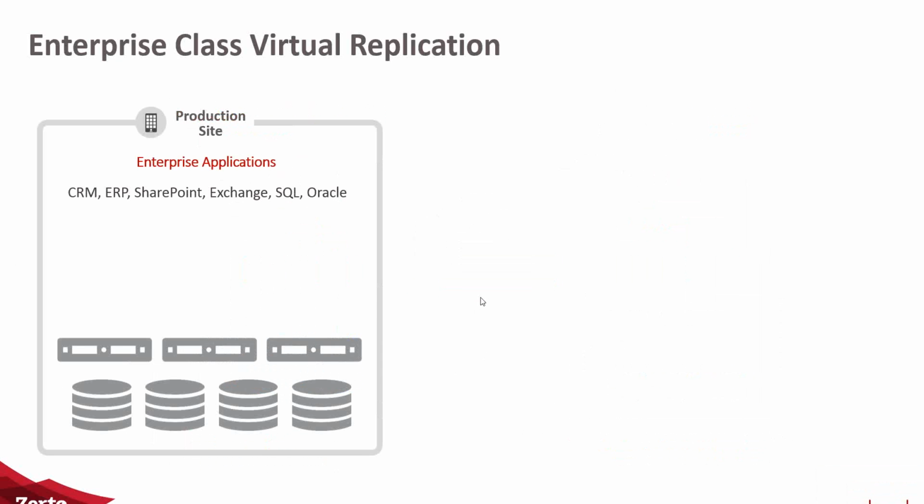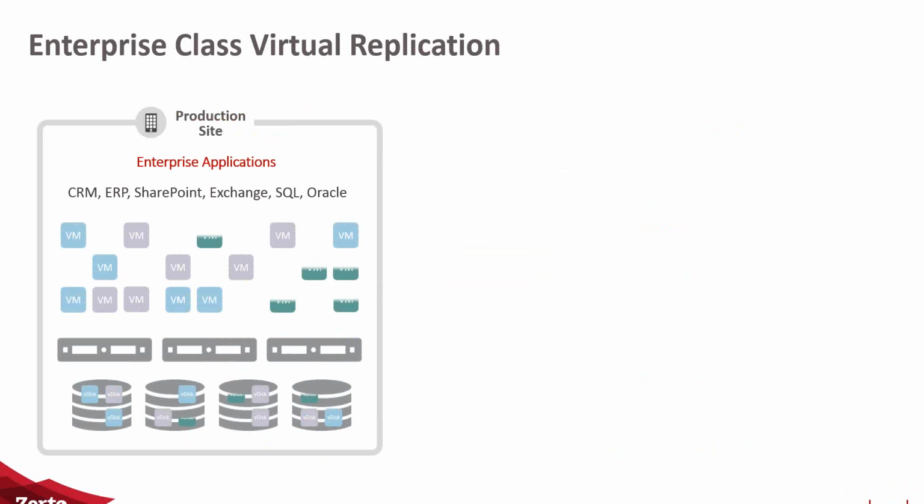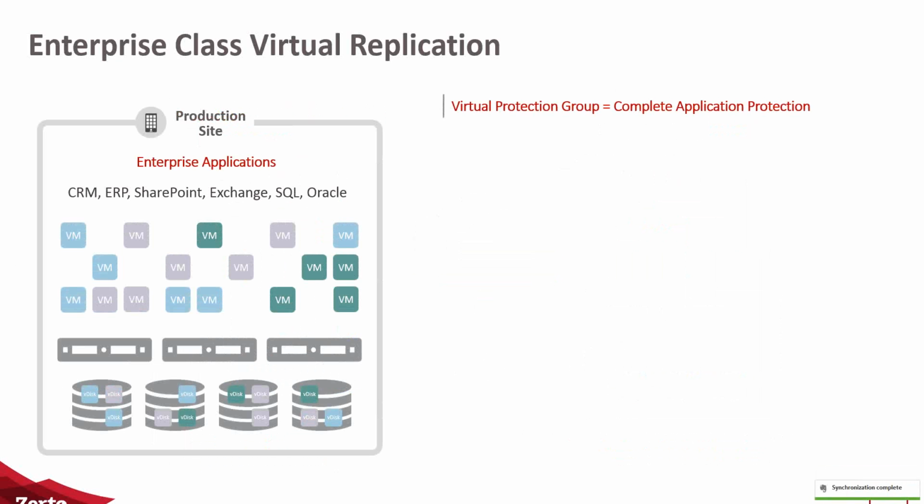So in Zerto, we see our customers protecting enterprise applications such as CRM, ERP, SharePoint systems, and these are typically made up of multiple virtual machines with many virtual disks across different hosts and different storage. And in this example here, I have 3 applications, each consisting of 5 virtual protection groups, each consisting of 5 virtual machines.